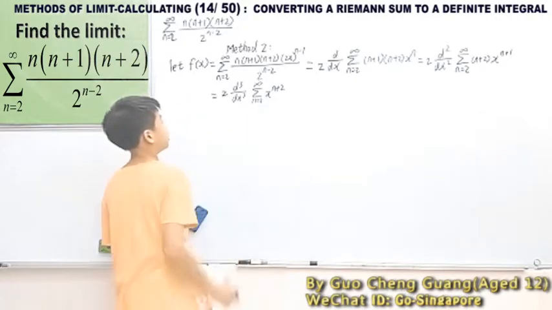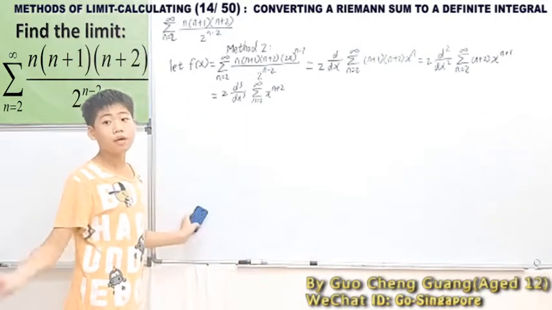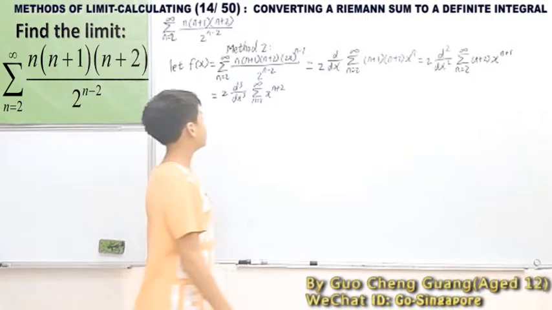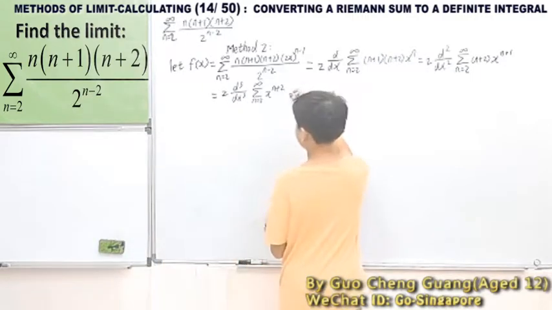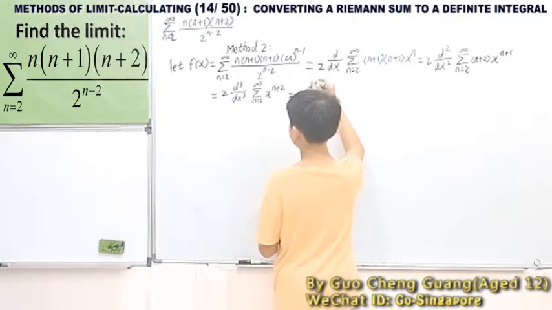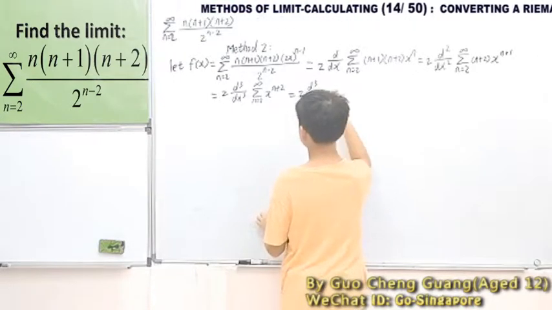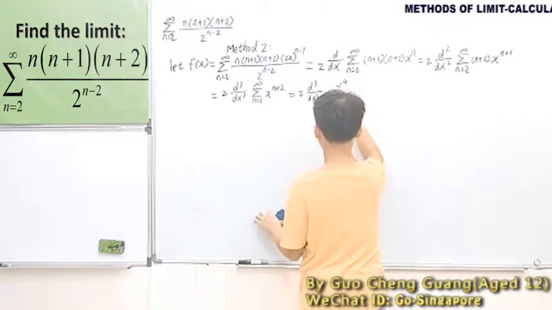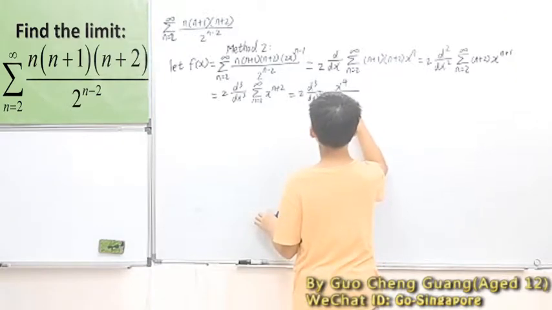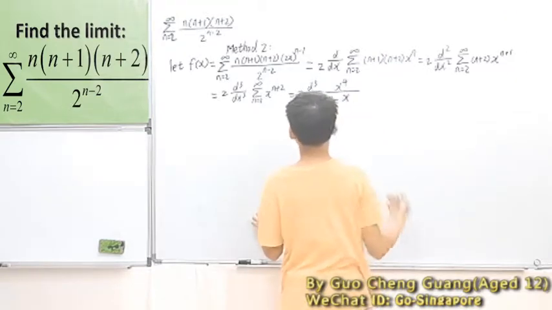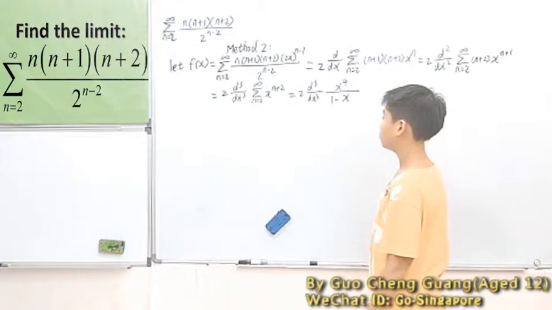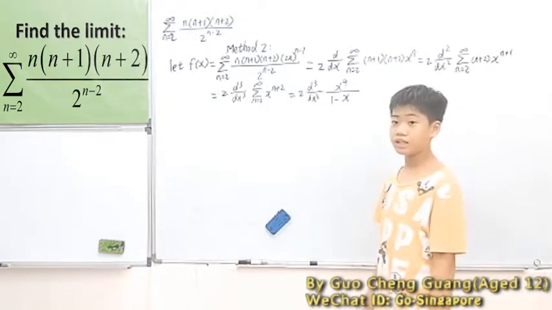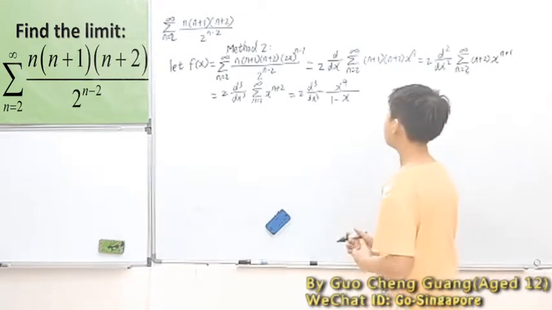No coefficient. Now we'll just straight away apply for the geometric progression. First term, x to the power of 4. Ratio, 1 minus x. Simple. Is it right? Then what happens?